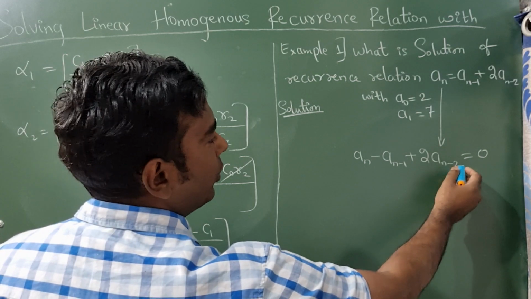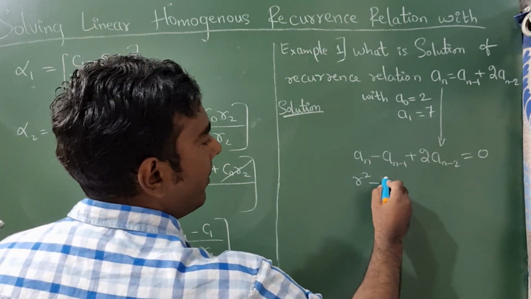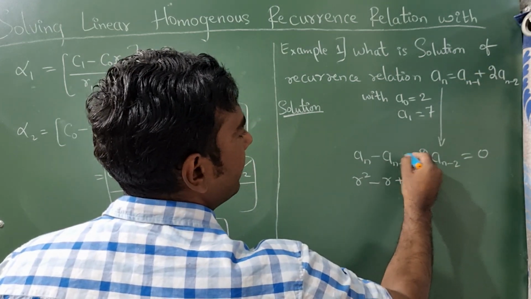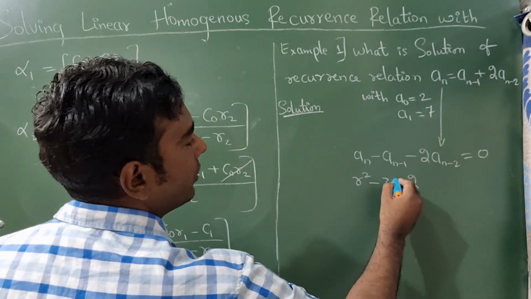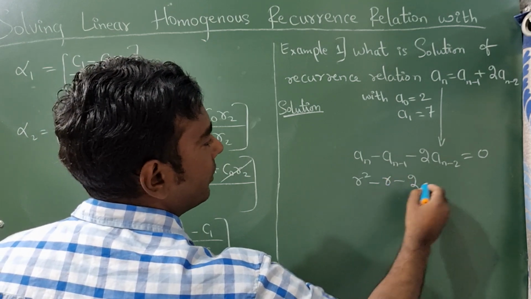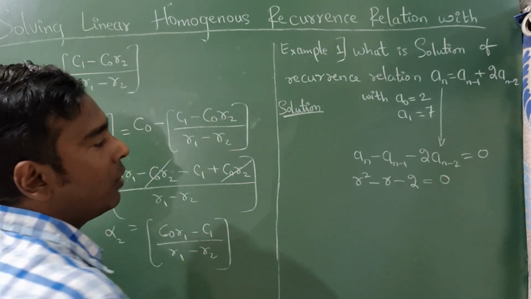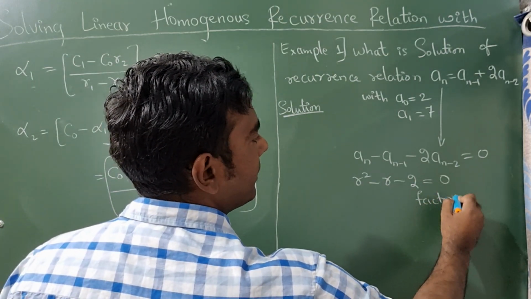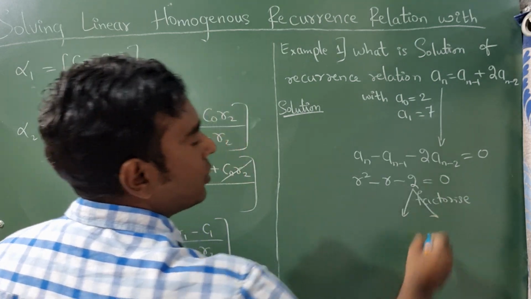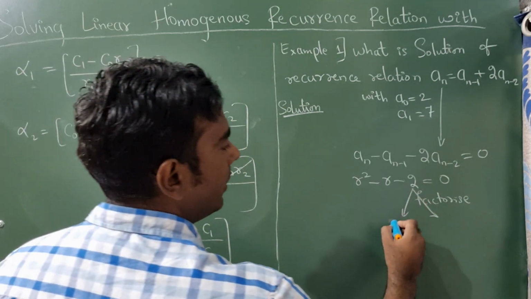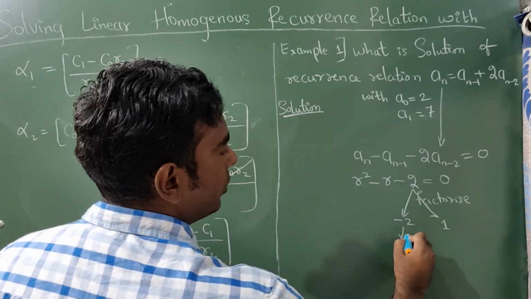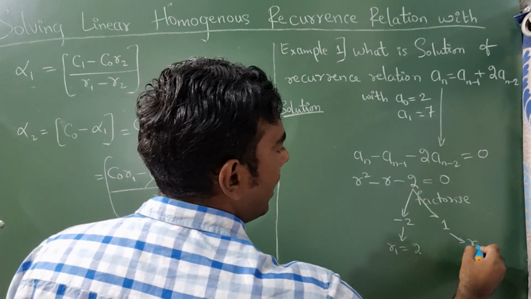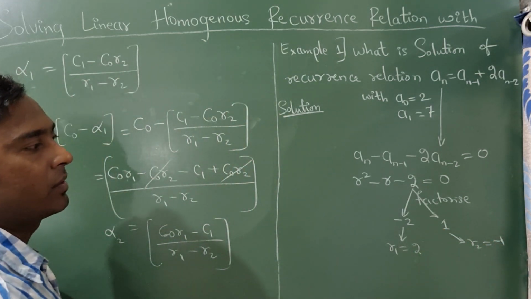Here the degree is 2, so I write r squared minus r minus 2 equals 0. You can solve this by calculator or by factorization. By factorization, the roots are r1 = 2 and r2 = minus 1.